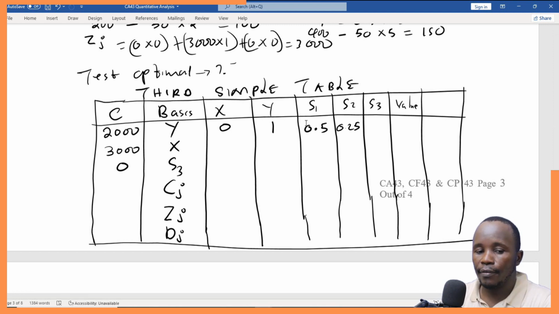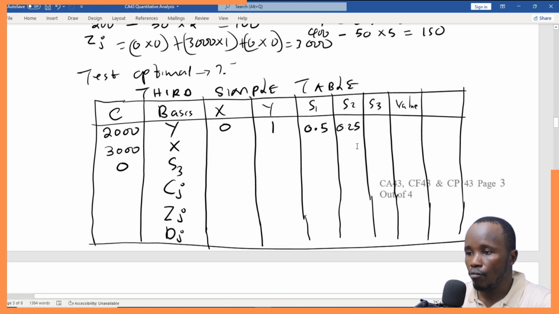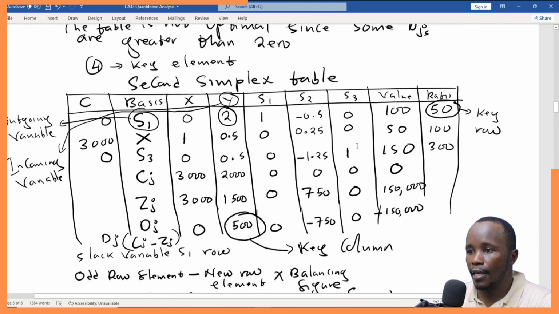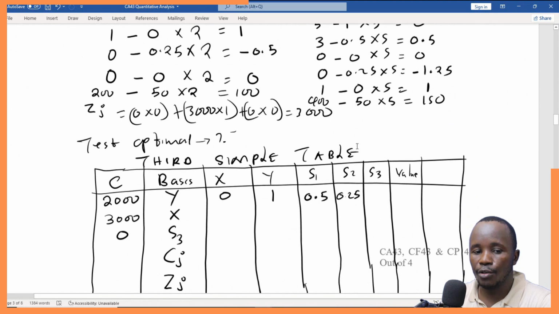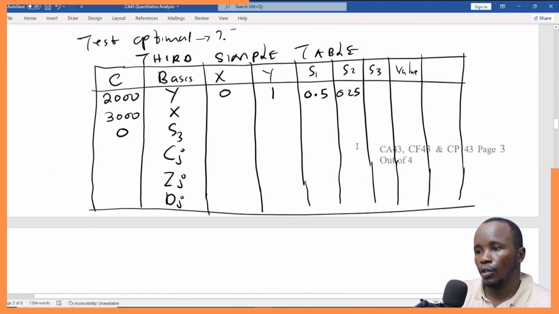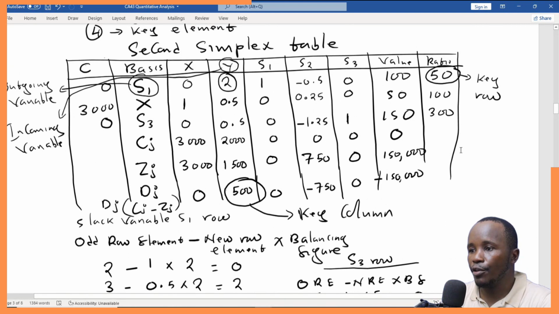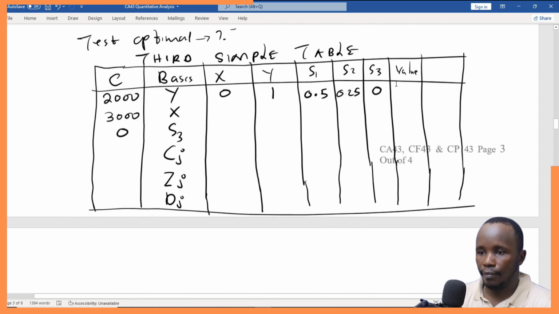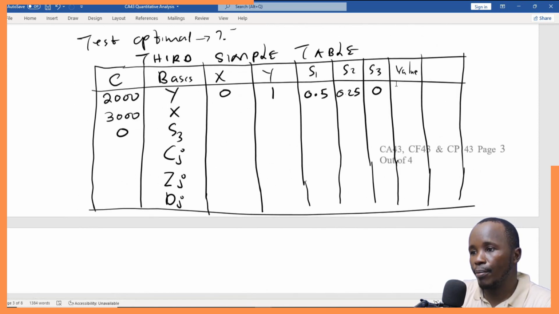Then S3, 0 divided by that, you get 0. And finally, our value here was 100. 100 divided by 2, you get 50. I hope we are clear up to that point.